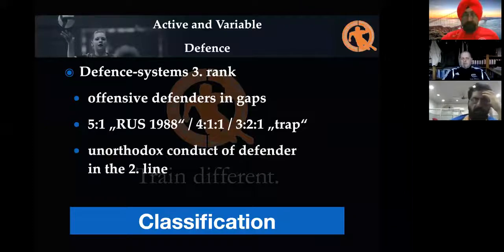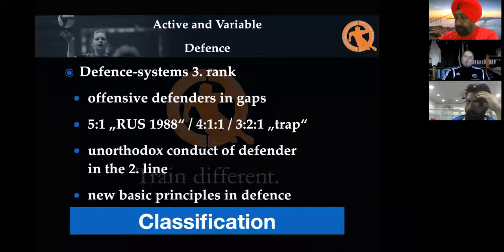The special element is a very special conduct, a very special type of action and movement of the defender in the second line. First line is always between 6 and 9 meters, but second line is the one who is defending outside 9 meters. For those players, special movements, special activities, special ways of behavior are prescribed.